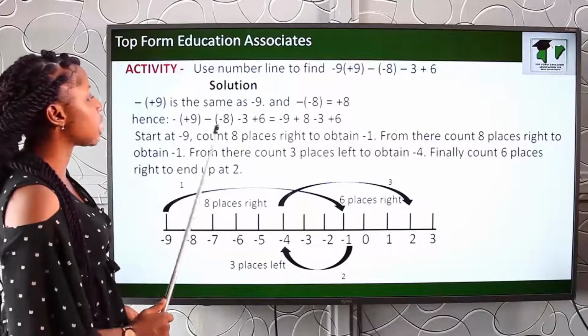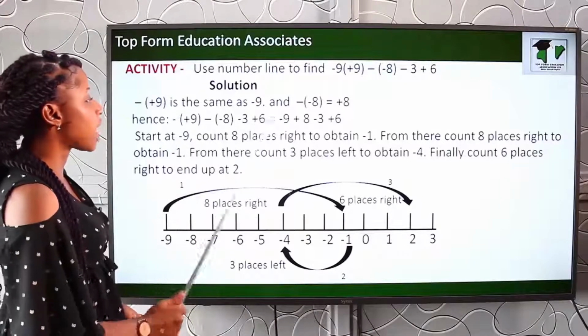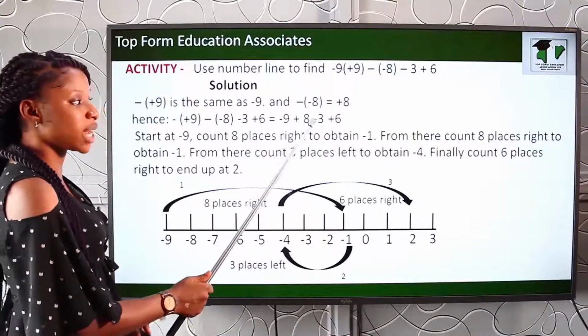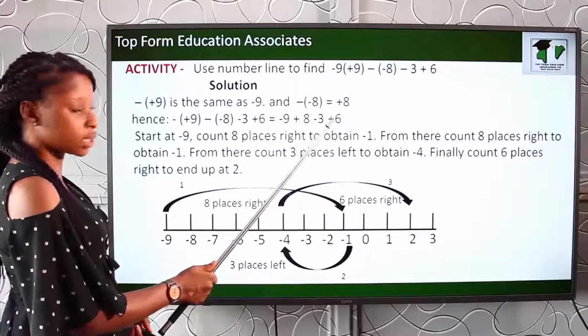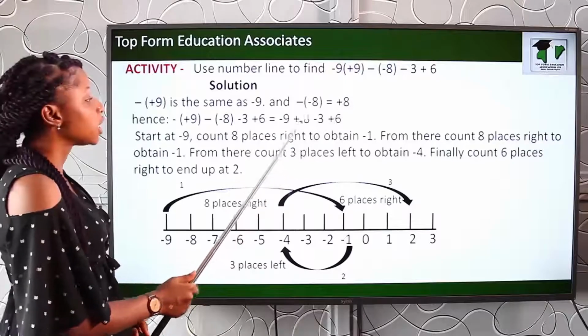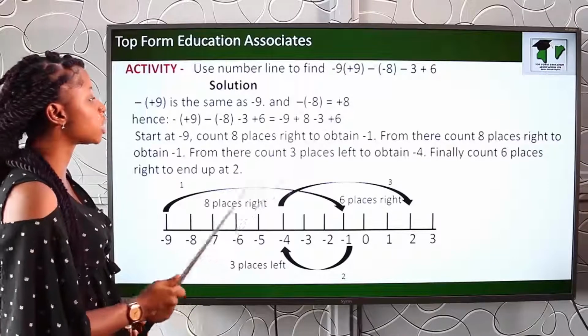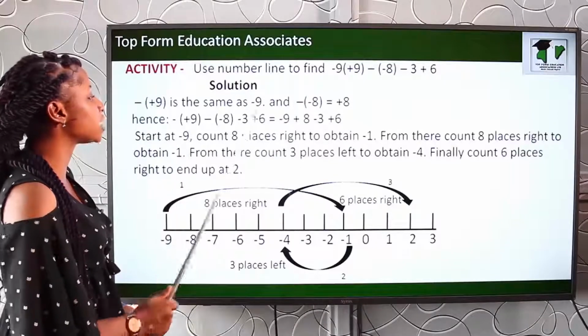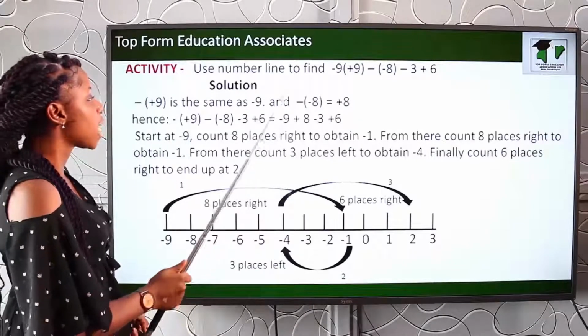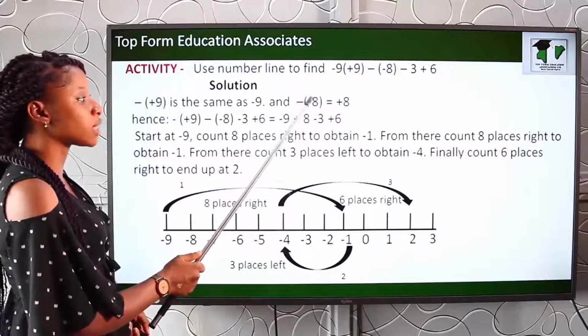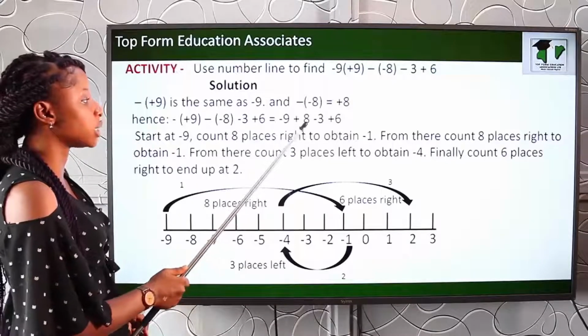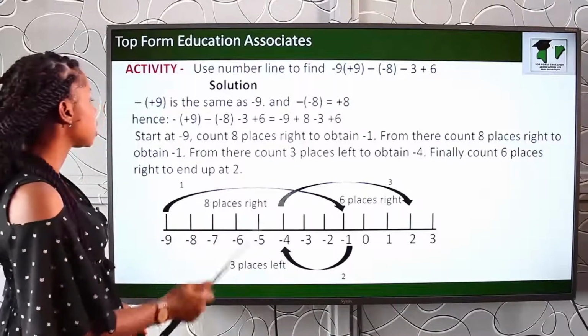Hence, this can be interpreted as minus 9 plus 8 minus 3 plus 6. Okay, do you understand? It can be interpreted that way because minus plus 9 is the same as minus 9, and minus 8, minus times minus, is plus 8. All right, and this we have here.